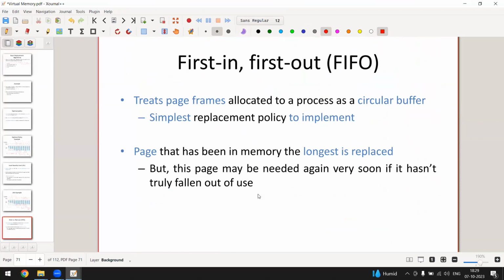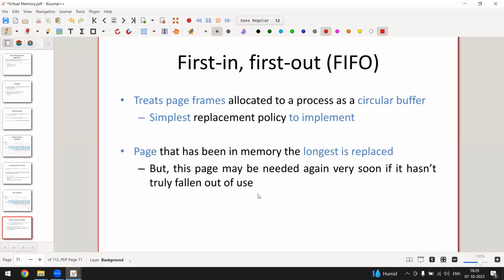The last policy for discussion is FIFO, or first in, first out. By far it is the simplest replacement policy to implement. As the name suggests, it works on the first in, first out principle. It treats the page frames allocated to a process as a circular buffer.